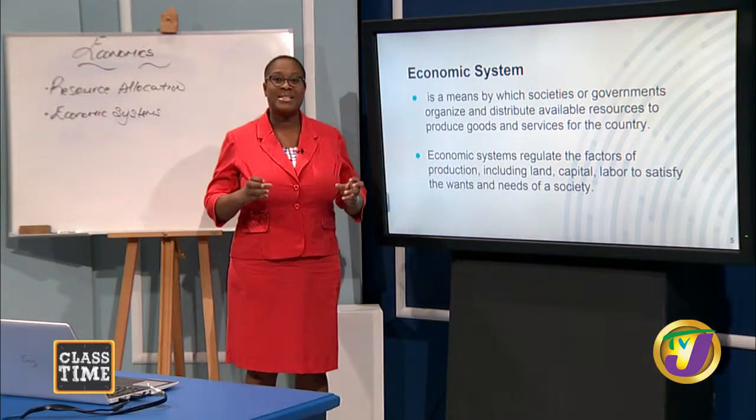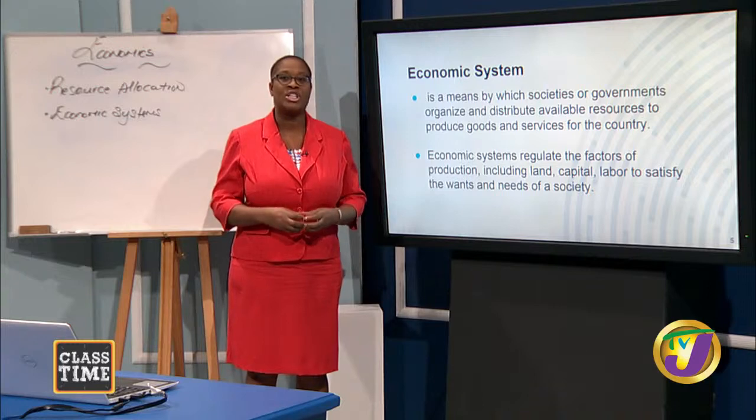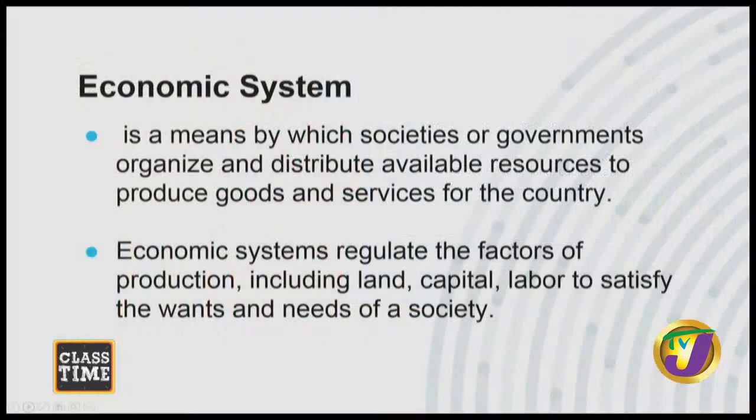Now, an economic system, by way of definition, is the means by which the society or the government is going to organize and distribute the available resources to produce goods and services for the country.